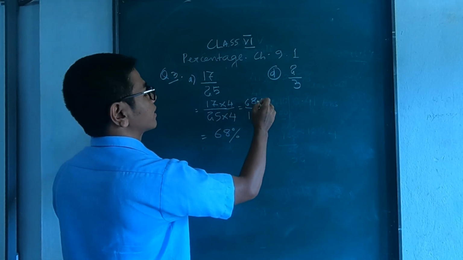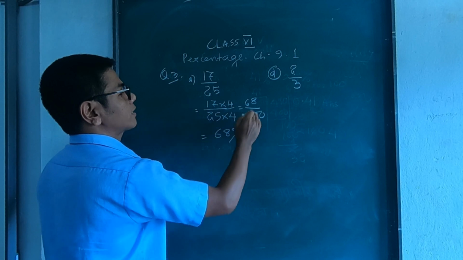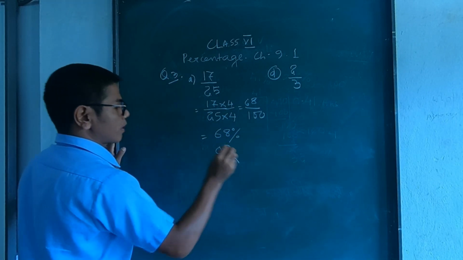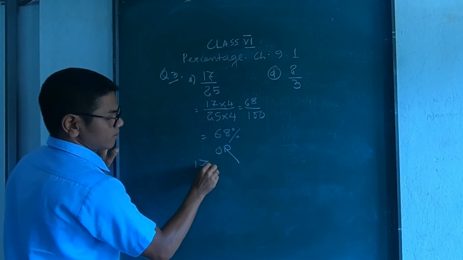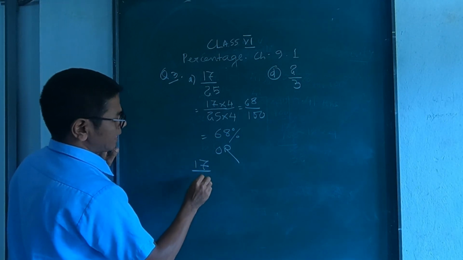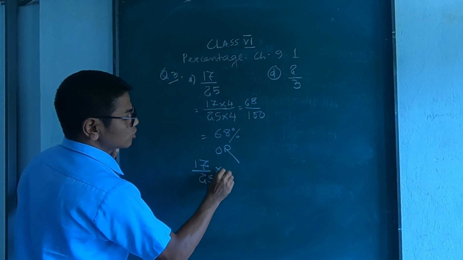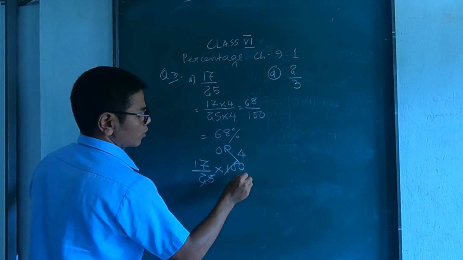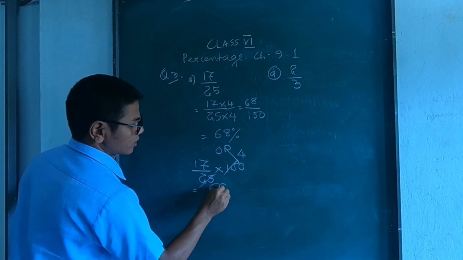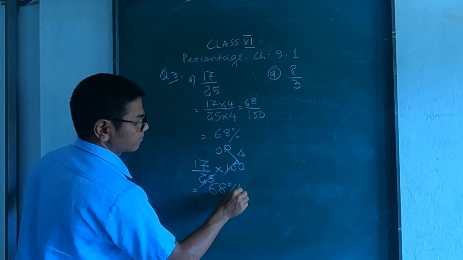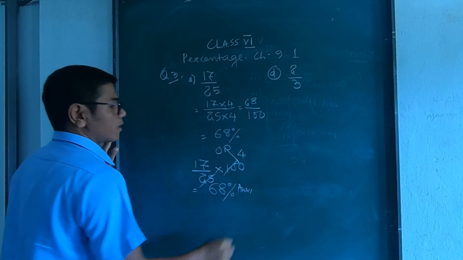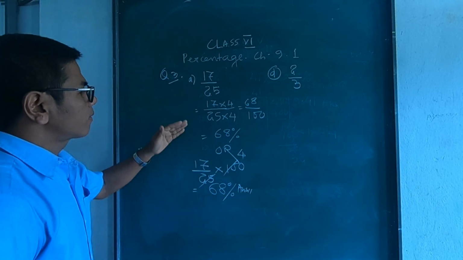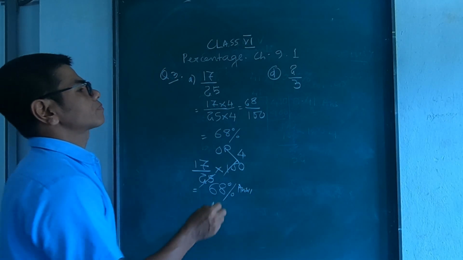Because when it is 68%, we write the lower one as 100. If you don't like it, you can write this way also: 17 by 25 into 100. Thereby, you will get it to be 68%. In any of the methods you do, you understand and you follow that way.